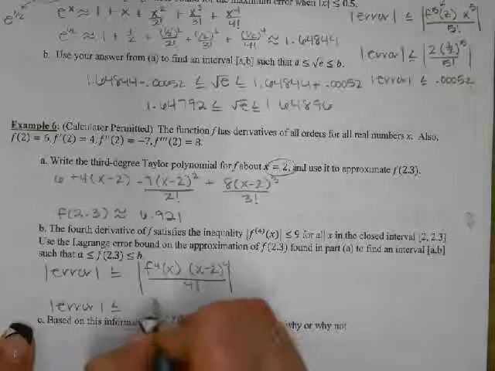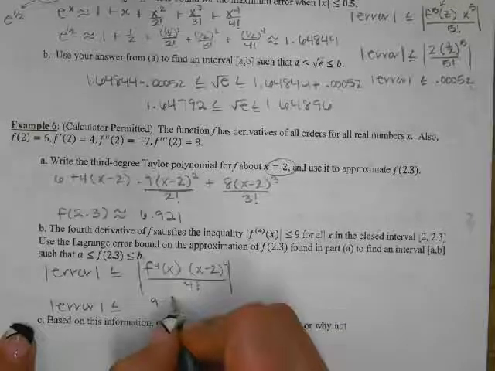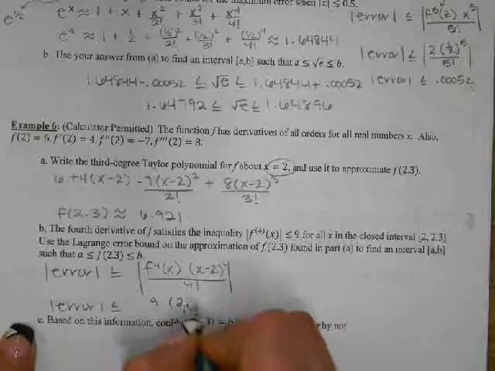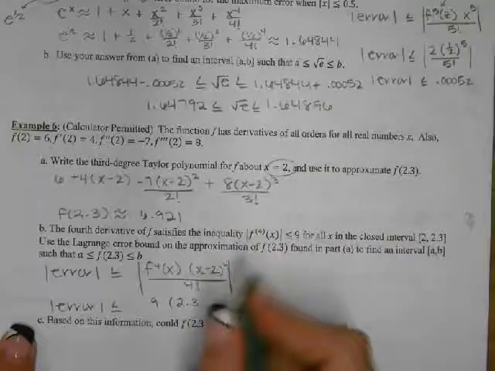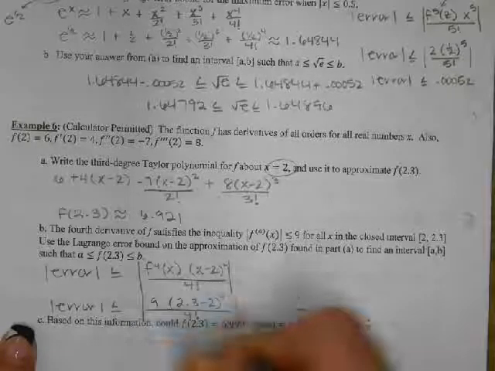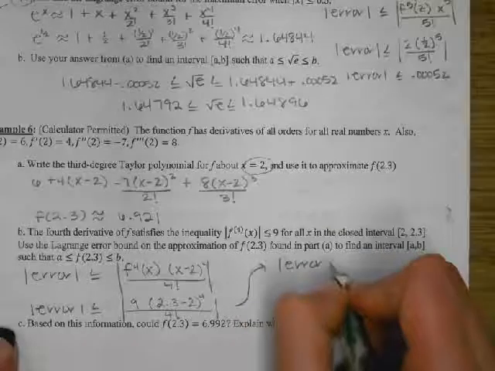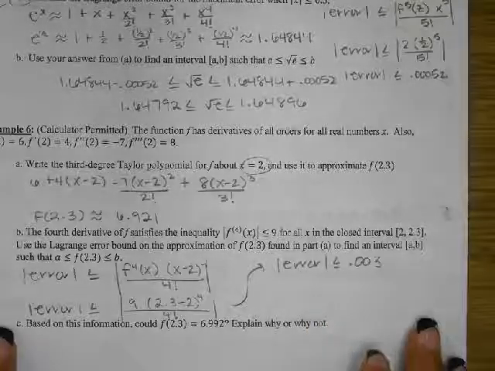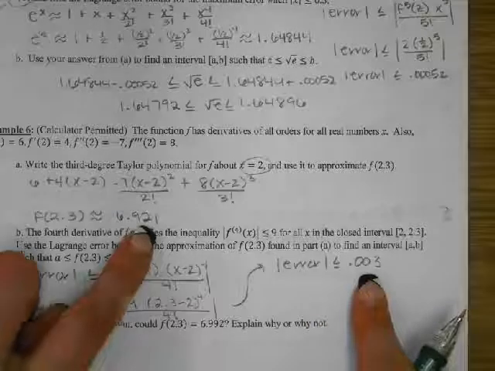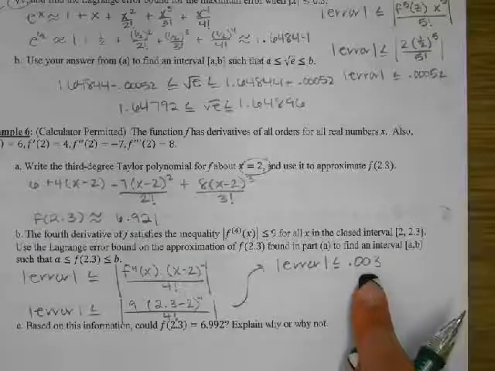So 9 times x minus 2, we're plugging in 2.3, 2.3 minus 2 to the fourth over 4 factorial. And when you plug that into a calculator, you get that the error is less than or equal to 0.003. I went ahead and rounded this one to 3 decimal places because this was to 3 decimal places. And that one wasn't rounded to 3, it just happened to only have 3.